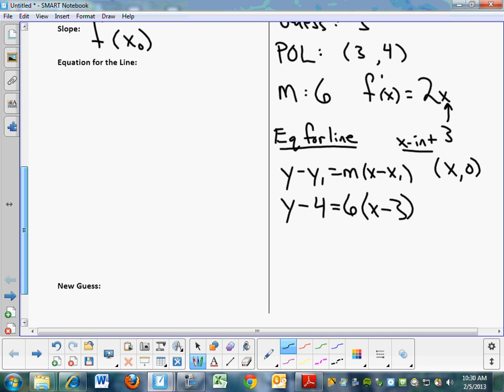Now, again, that was the one point on the line that we knew. Instead of writing the equation for the line in slope-intercept form, let's just find our x-intercept by setting y equal to 0. So you would have negative 4 equals 6 times x minus 3.